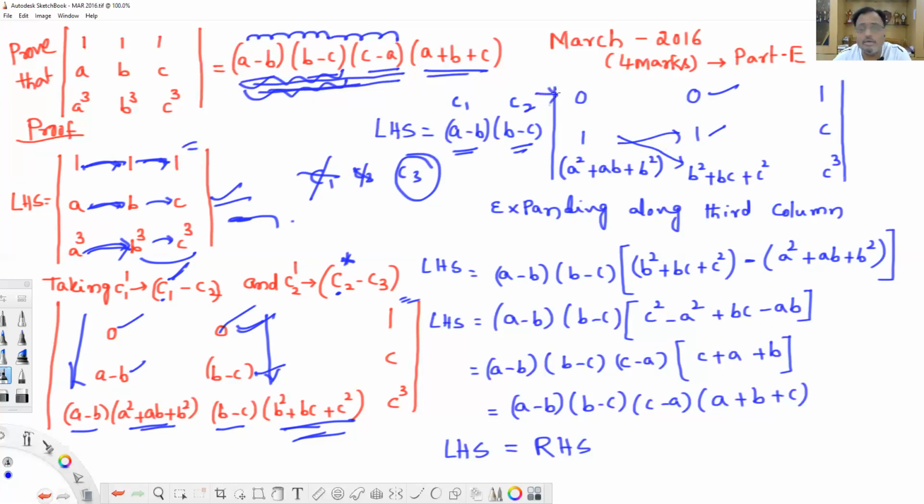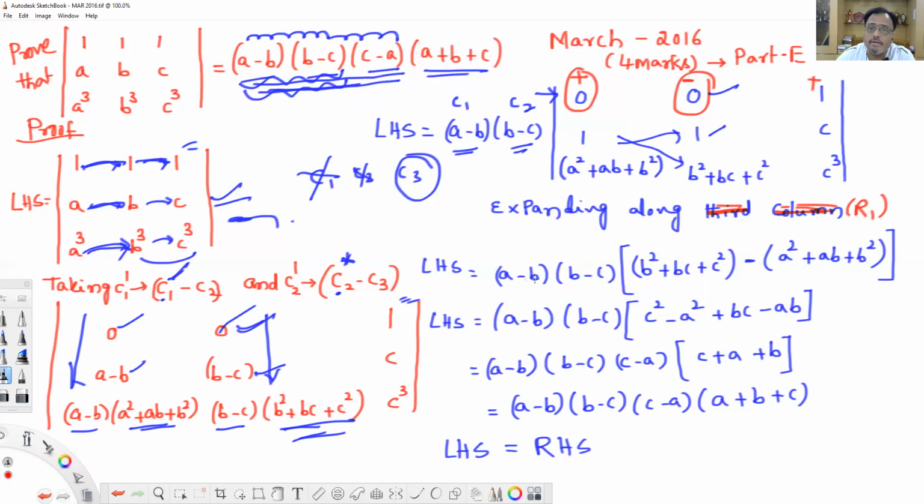I am expanding along the first row, R1, with signs plus, minus, plus. The terms with 0 are of no use.